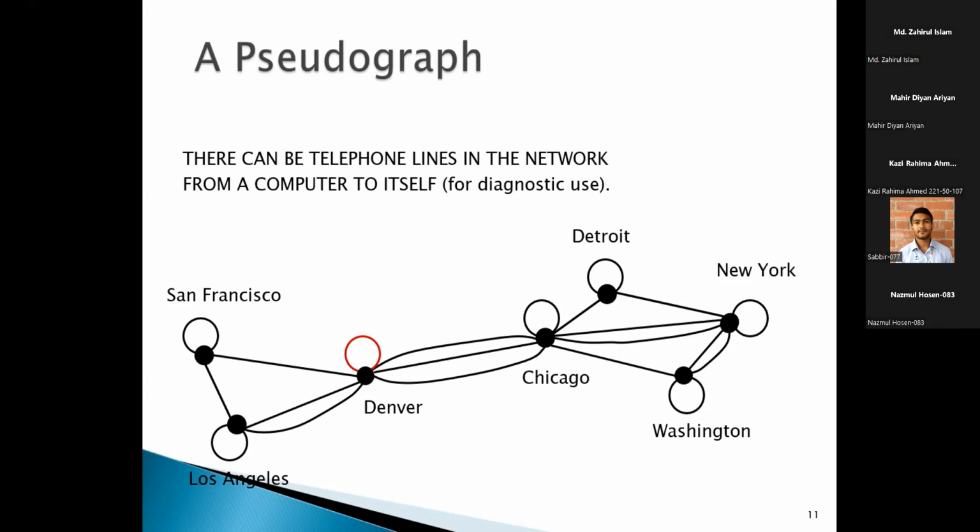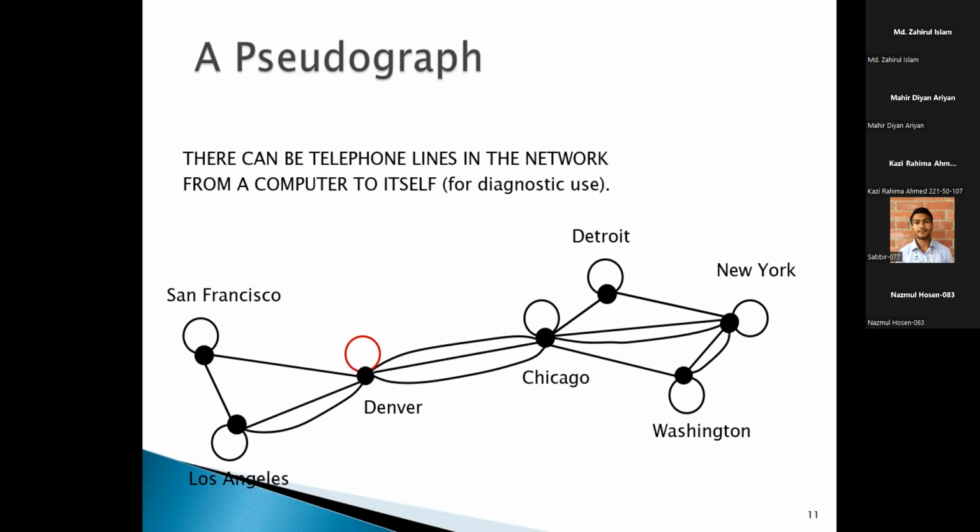Sir, the pseudograph has loops. Yes, the only difference is the loop. The pseudograph allows loops, but in the multigraph you are not allowed to place any kind of loop, like this loop at San Francisco, Denver, Detroit, Chicago. You cannot use it in the multigraph, but in the pseudograph, you can use the loop.